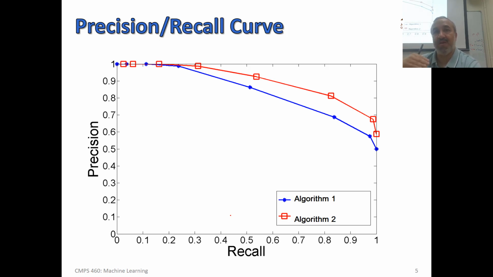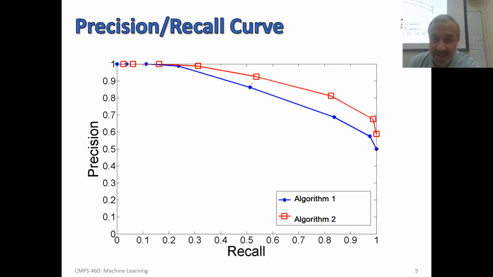Remember from the previous slide, whenever we set a threshold, we get a precision and recall value. So changing the threshold, we get a new precision and recall, and you get a point on that curve. Change the threshold again, you get a new precision and recall, put another point, a third point, and so on until you can plot the entire curve.